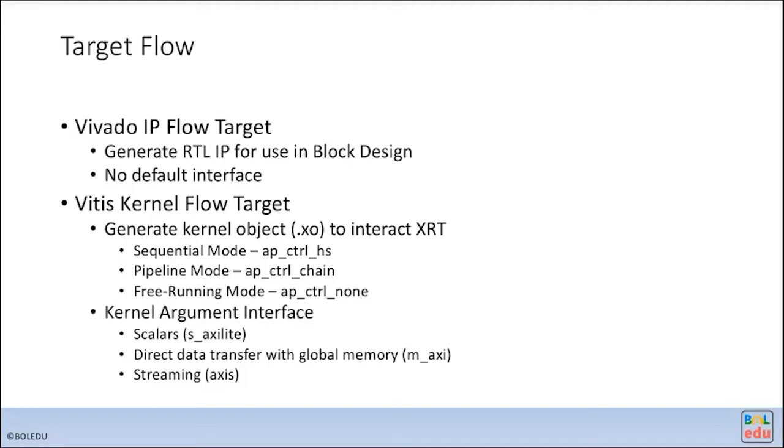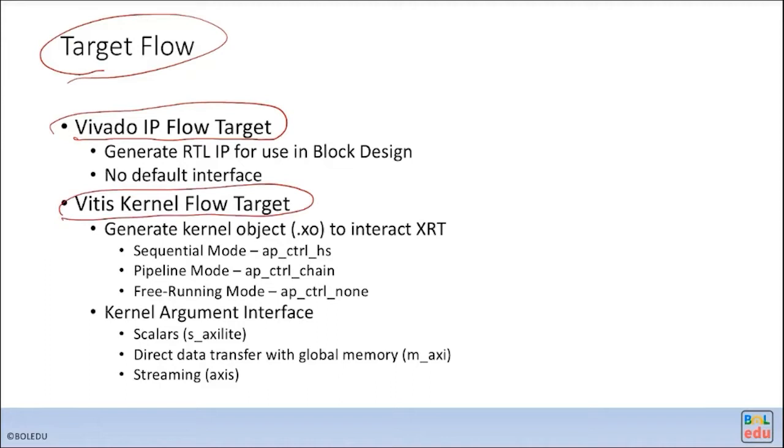In Vitis, there are two target flows. One is the IP flow, the other is the kernel flow: Vitis kernel flow or Vivado IP flow. Vivado IP flow simply generates an IP.